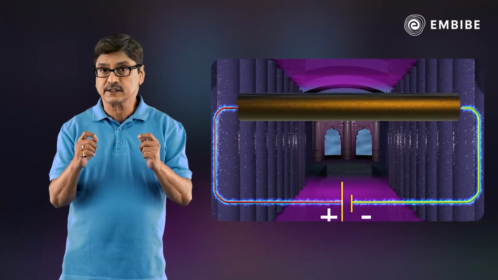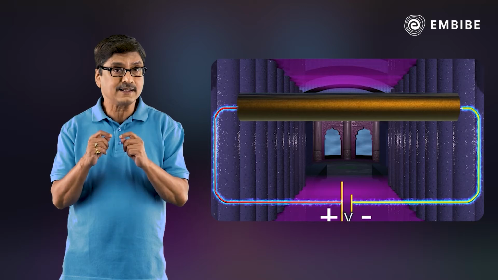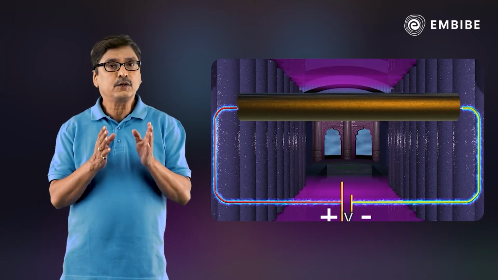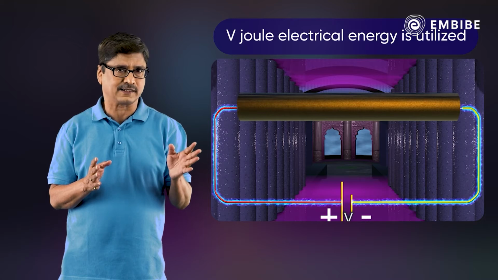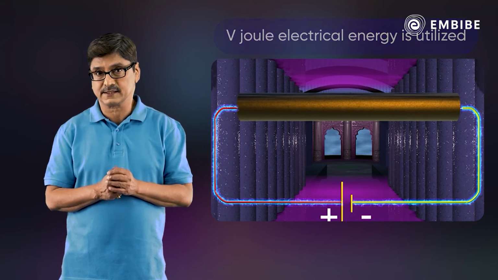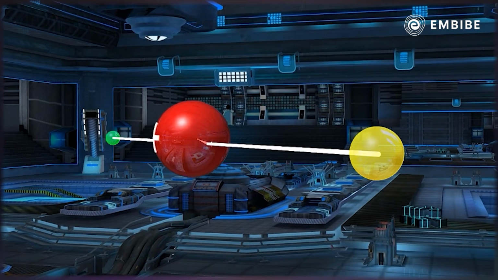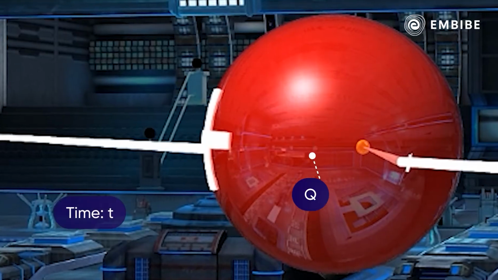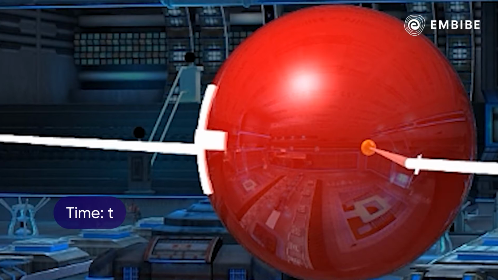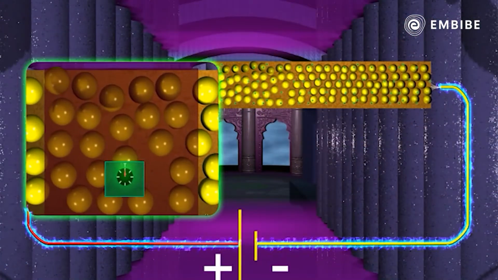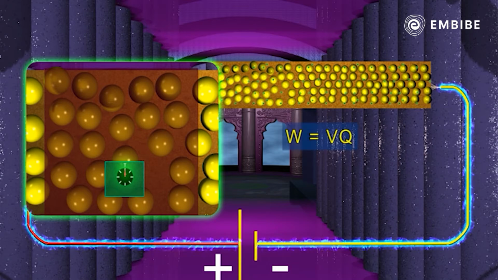If the potential difference applied across the two ends of a conductor is V, it means that when a unit charge passes through the conductor, V joule electrical energy is utilized. If Q coulomb of the charge passes through the conductor in T seconds, then the electrical energy utilized in T seconds is equal to the heat energy produced during this time.